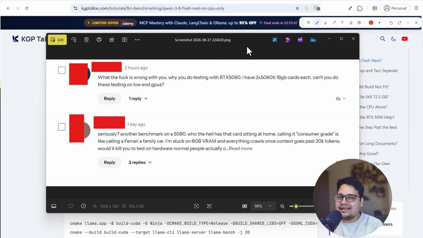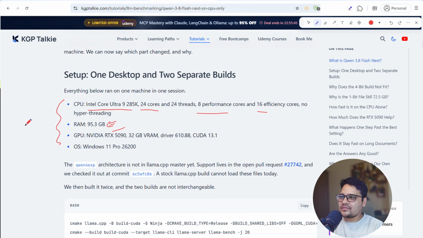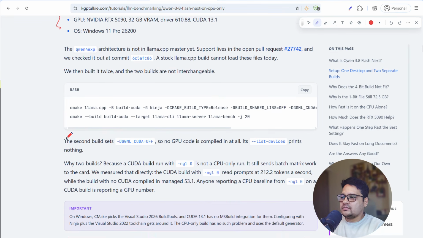Let's go ahead and get started with the main content. As I told you, this is the setup I'm going to use for my benchmarking. Apart from that, one thing I should tell you: I had to make this build from scratch. I'm not saying I built the model, the model was already there. Basically, I needed to build it so that I can run it on my computer.